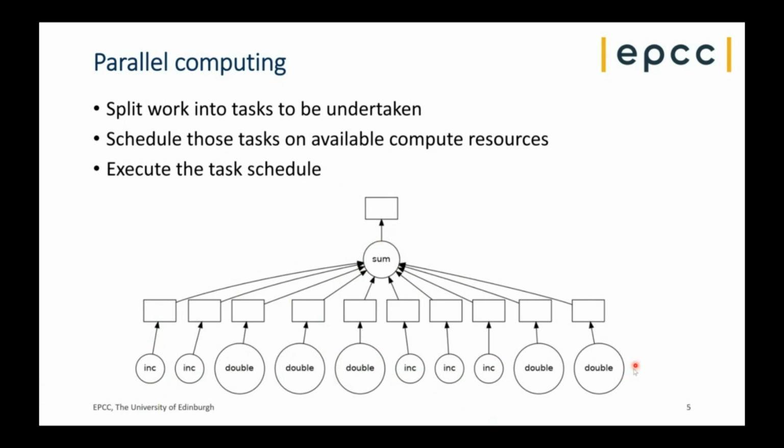And you can see, well, maybe what this is trying to show you, I think, is that each one of these things here is independent, could be run in parallel or in serial if you want, but they're independent. But all of these need to be run before the sum function runs. And then once all those results are available, you can run sum and produce a result. But you as a user don't have to worry about that. You can just say, I want to do some of these things and some of those things, and please go and do it for me.